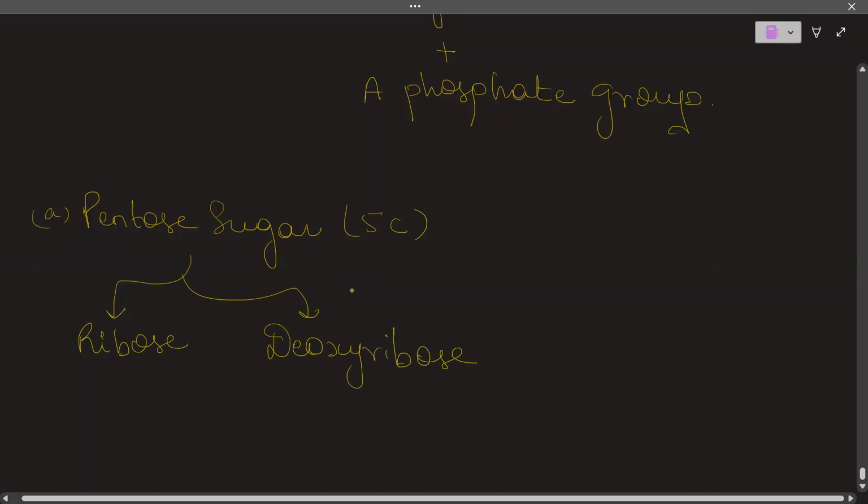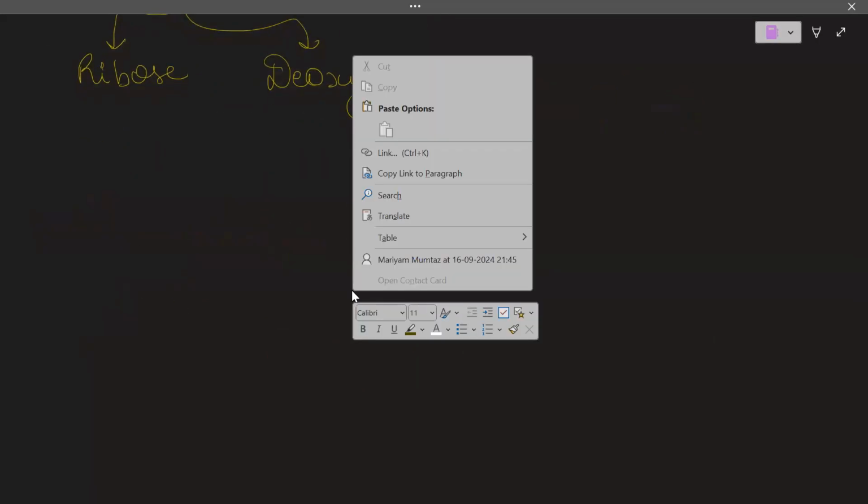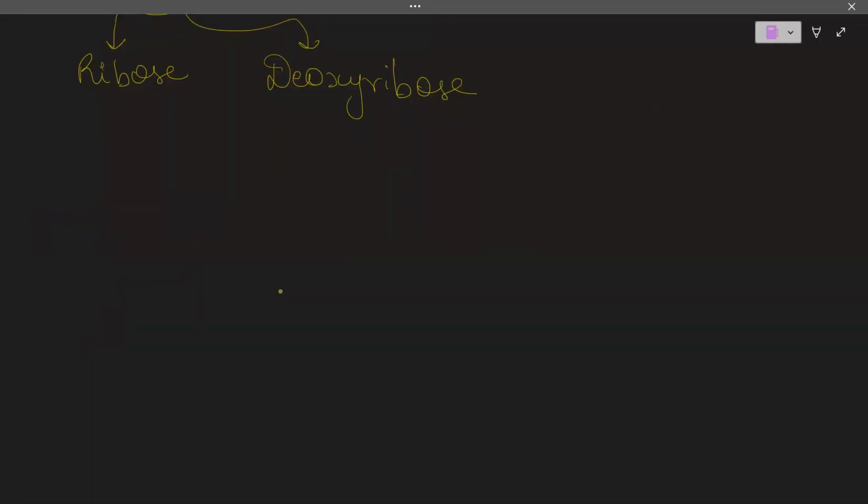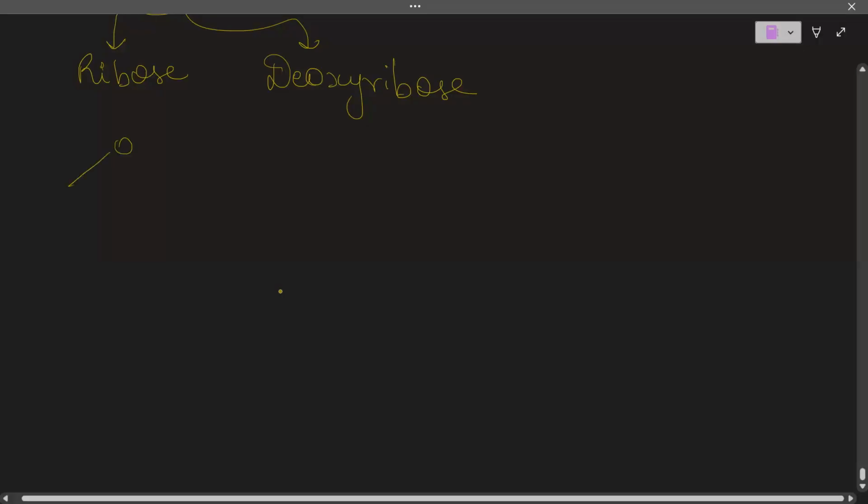Now I'll show you the structure. It's good if you remember; it's okay if you don't, but you can see the difference. See, this is a 5-carbon cycle.